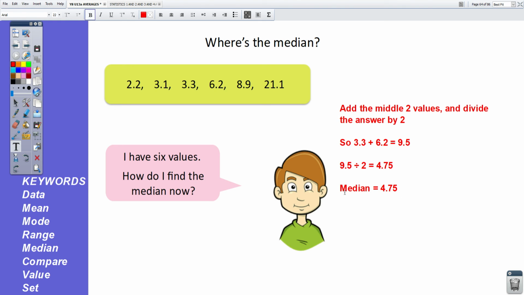The median is 4.75, even though that number doesn't appear in the list. In fact, 4.75 is exactly halfway between 3.3 and 6.2. So we add the middle 2 values and divide whatever that is by 2.